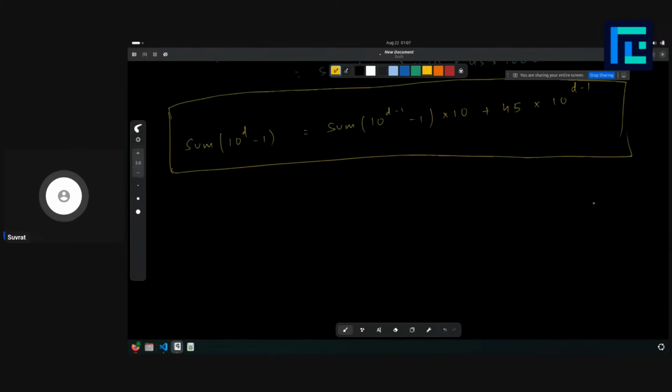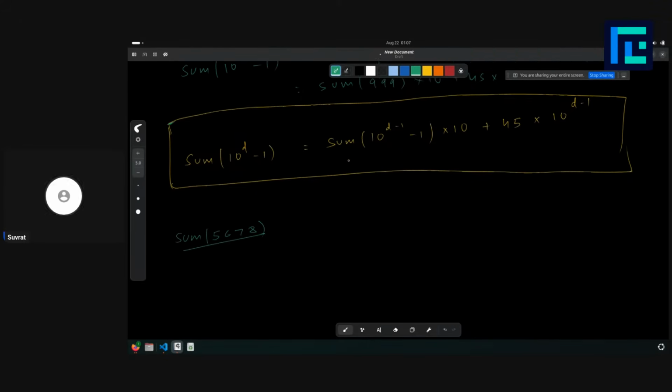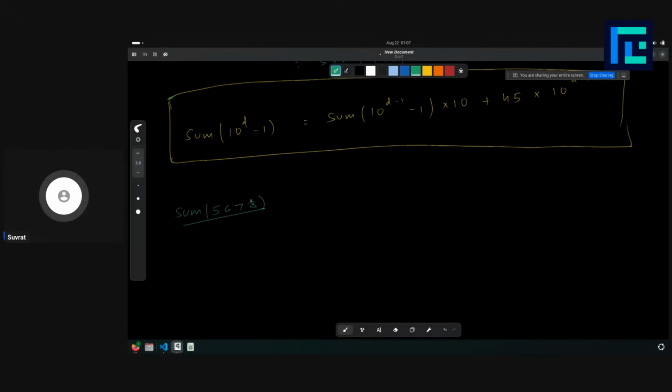So now let's try to find the sum till some number. Let's take 5, 6, 7, 8, right? So now let's try to find this function for this number using this property that we just now discovered. So what we know is that this will have all numbers from 1, 2, 3 till 5, 6, 7, 8.